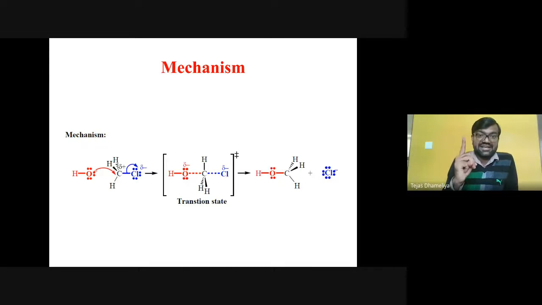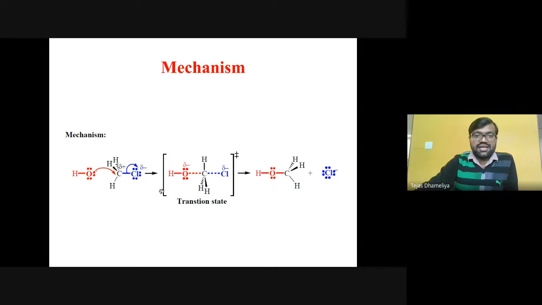It is not a hashtag. This symbol, खड़ा लाइन है, उसको बीच में से 2 बार काट दिया है. So it is termed as double dagger. And so that is the mechanism of this one, through this transition state.